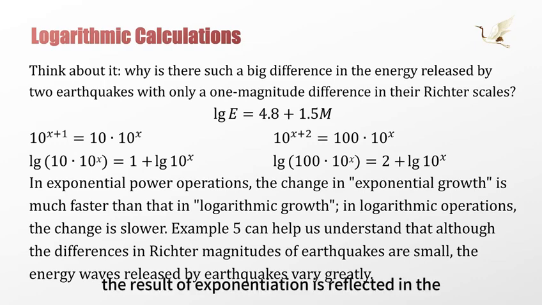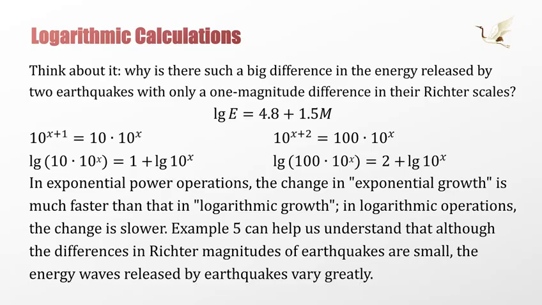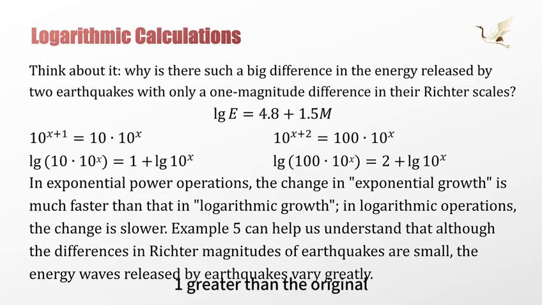That is to say, the result of exponentiation is reflected in the exponent. For example, if the exponent of 10 to the power of x plus 1 increases by 1, the result of the operation is actually 10 times the original. With 10 to the power of x plus 2, the exponent increases by 2, resulting in a calculation result that is 100 times the original. Conversely, in logarithmic operations, if the true number is 10 times the original, the logarithmic value is 1 greater than the original.